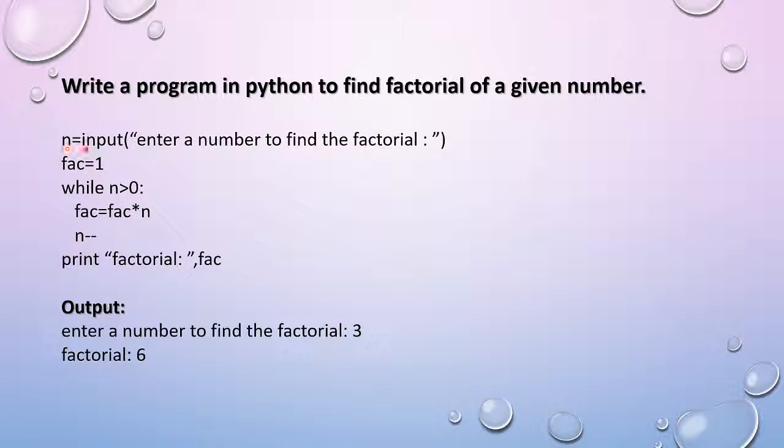If yes, this operation will be done, and then the updation on the loop counter will be done, that is n is decremented, and this loop will continue until n is equal to or smaller than 0. After that, when it comes out of the loop, it will print the factorial, whatever value is stored in fact. So here we get the output: enter a number to find the factorial. For 3 we get factorial equals 6.